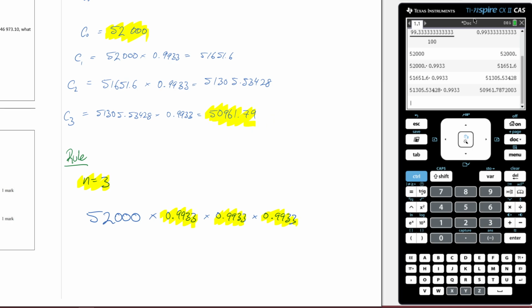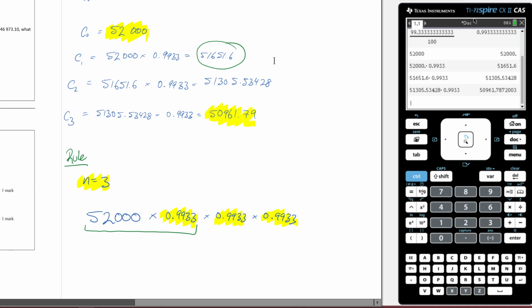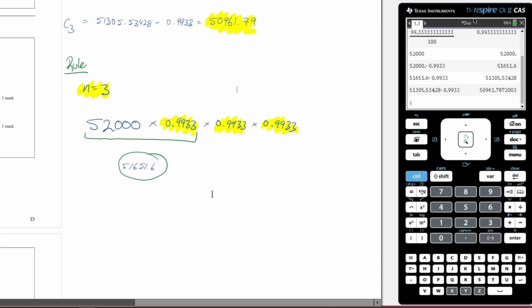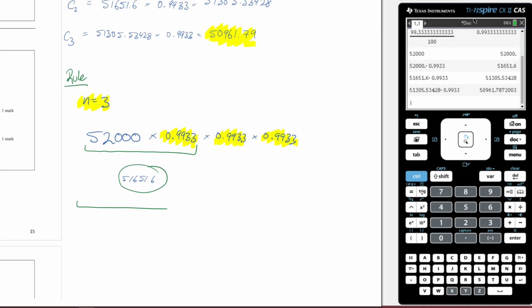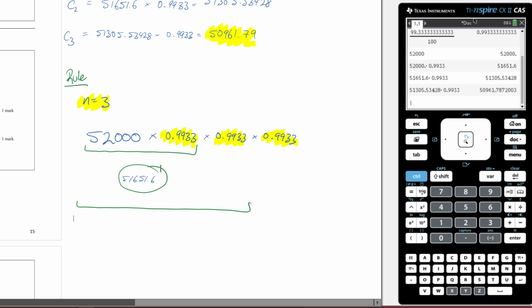Let's understand why this works. Because this first part here gives me this number there, doesn't it? C of 1. So this number here, and I'm actually going to use the power of technology, this is that. If I wanted to figure out how much this is worth now, I'm going to take this value here and times it by 0.9933.